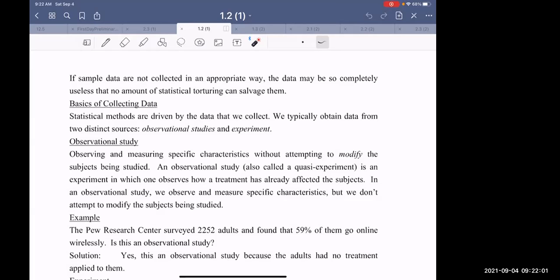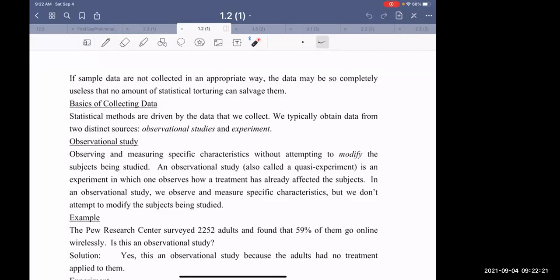But in real life, that of course doesn't happen. We're just assuming that it happens so that we can do mathematics on it.